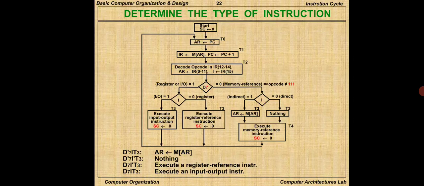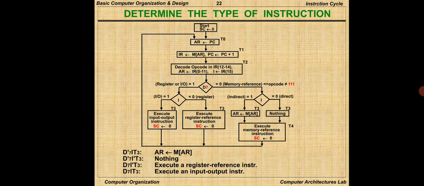Indirect addressing means whatever address is there in the address register, it will go to that memory address, take the data again, and move it to the address register. If I is equal to 0, it is a direct memory operation, so nothing extra is performed.